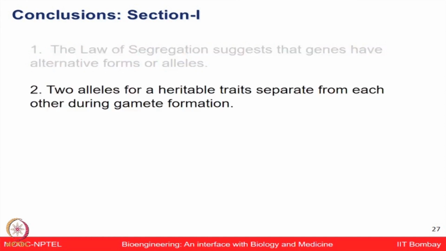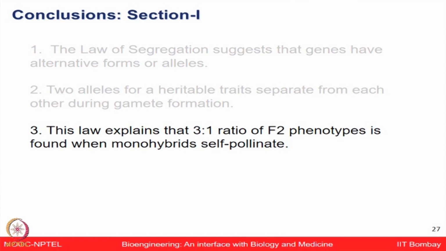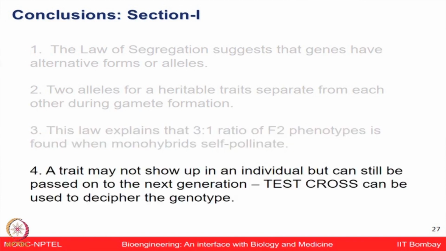There are two alleles for a given trait which is heritable, and those can get separated during the gamete formation. It also explained that the ratio is approximately 3:1, and a trait may not show up in the individual, but you can still obtain that information from the test cross, which actually can be passed from one to the next generation.